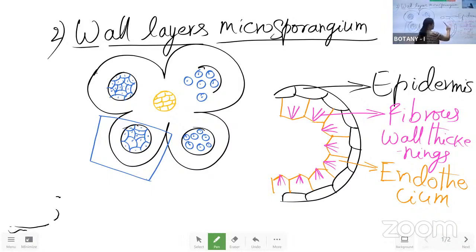Those are present in the pink color that I have drawn. Fibrous wall thickenings give extra support for the endothelial cells to protect the microspores that are present in the microsporangium. Okay, and these endothelial cells are hygroscopic in nature.